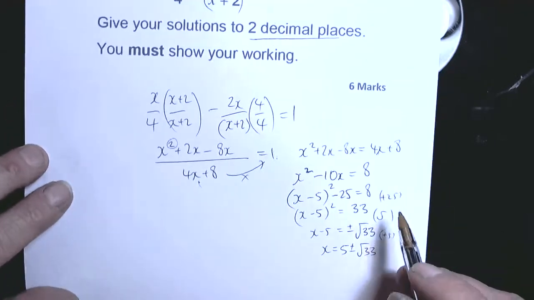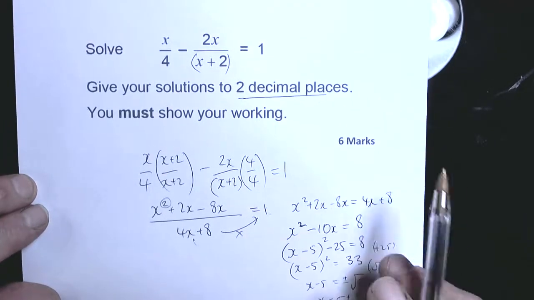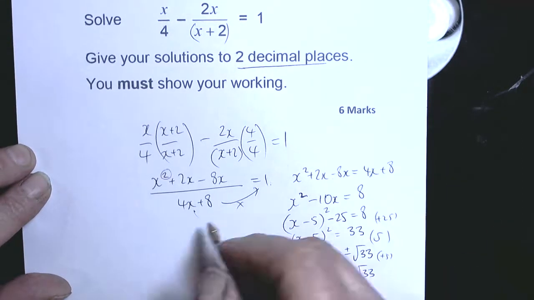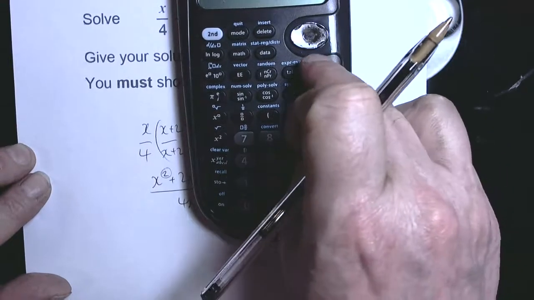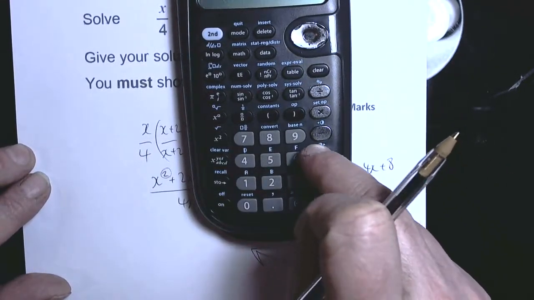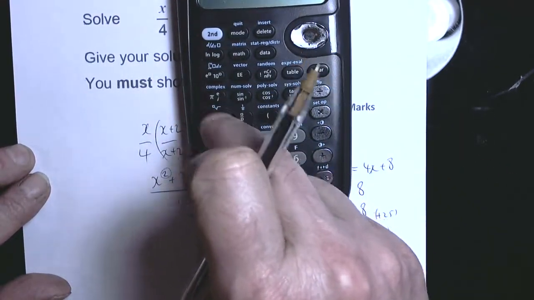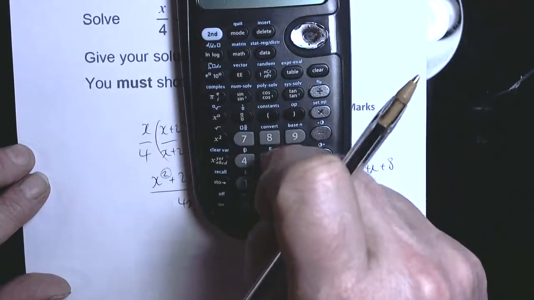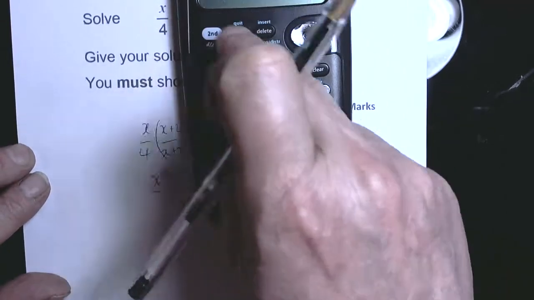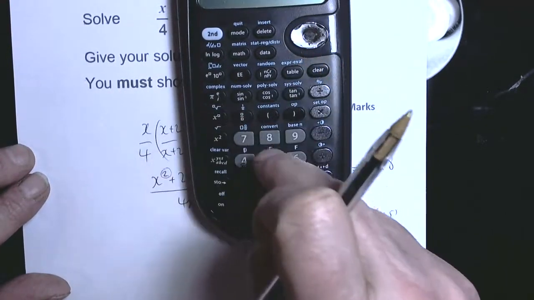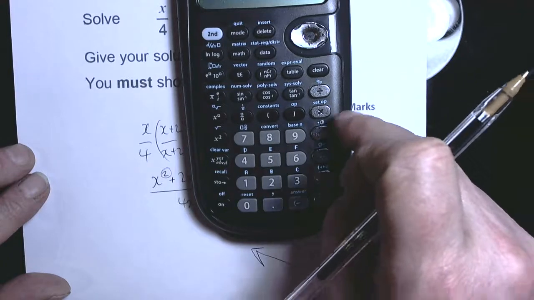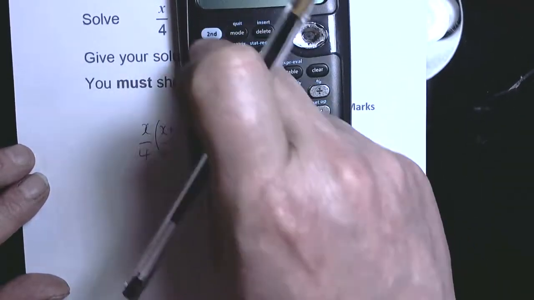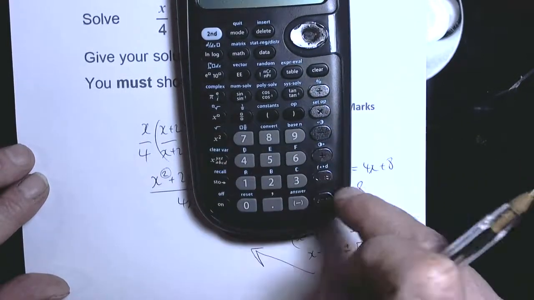The question says give the answer to 2 decimal places, so we basically need to now go through with our calculator. So we have 5 plus the root of 33. Oops, wrong place. So 5 plus second function. I've gone for the wrong root, that's why. So 5 plus second function 33.